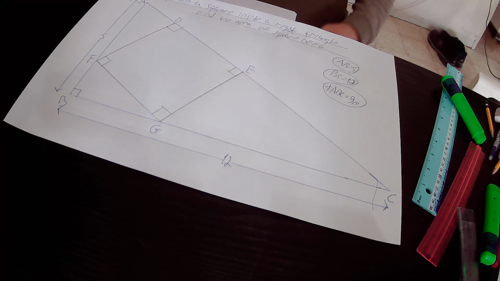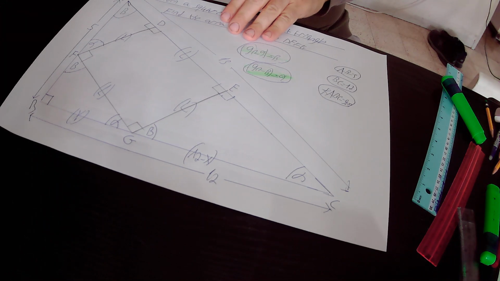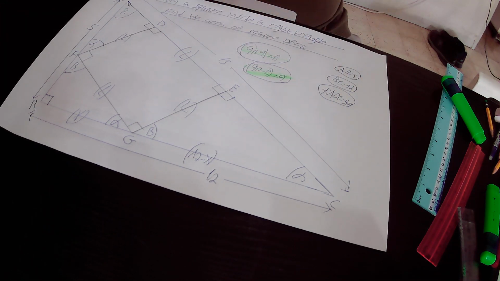So, first of all, we implemented the Pythagoras theorem on the big right triangle ABC.